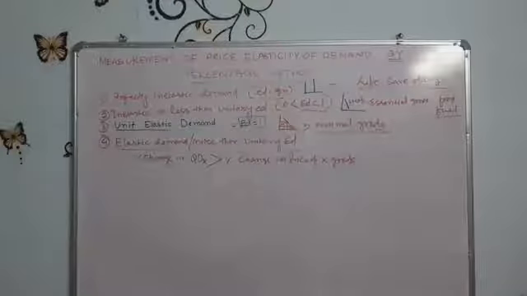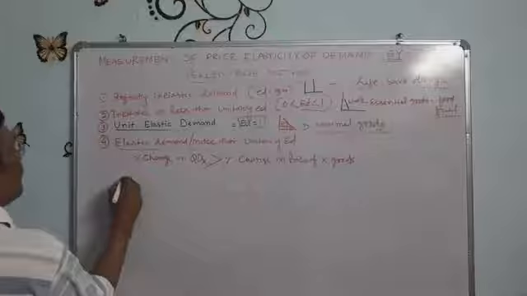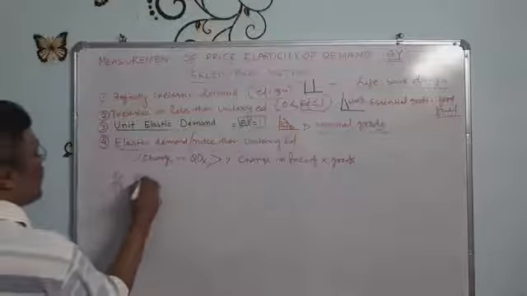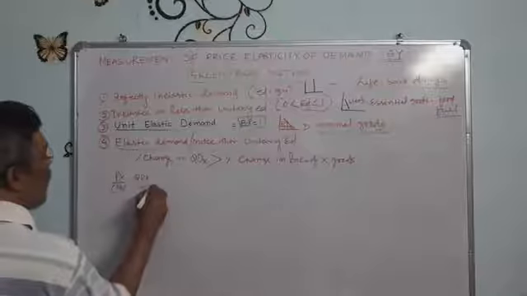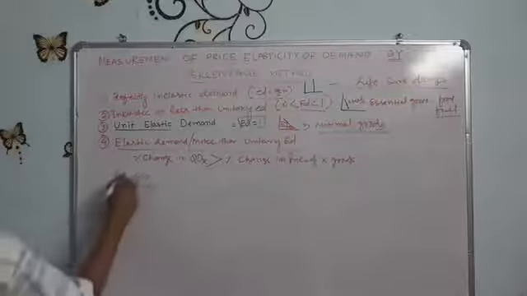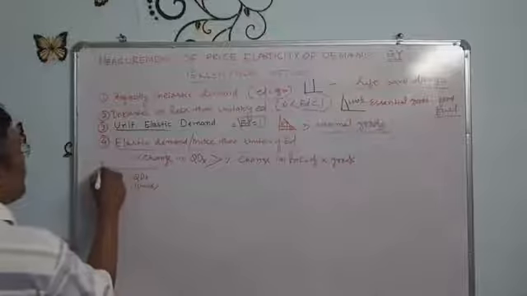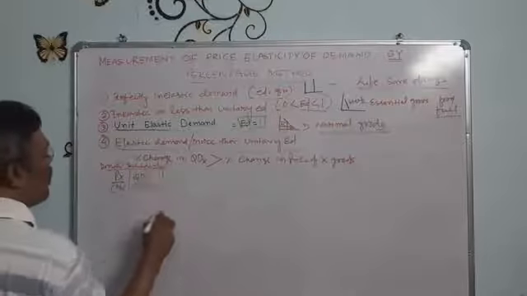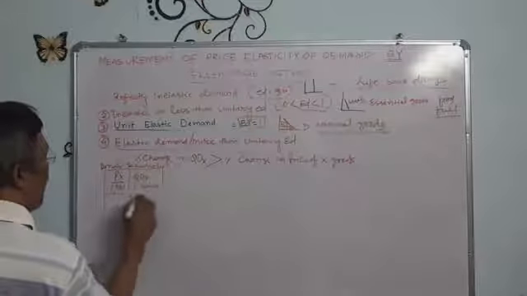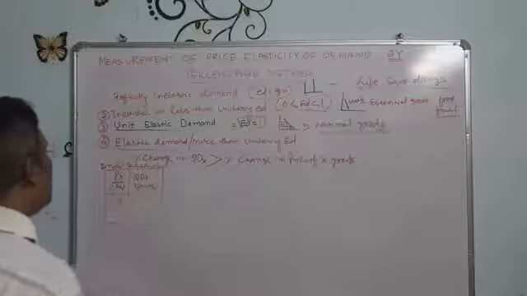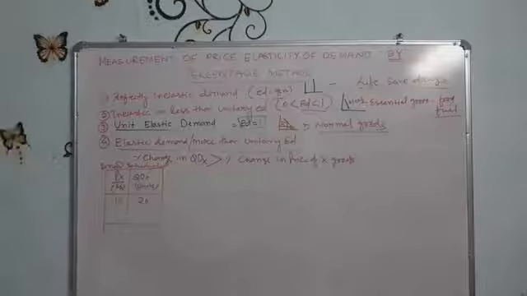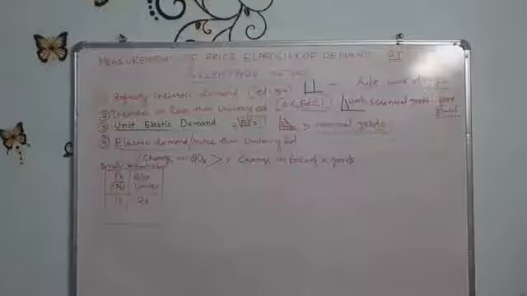For example, price of good X in rupees and quantity demanded of good X in units. This is the demand schedule, a table. Price is 10. Let the quantity demanded be 20 units.